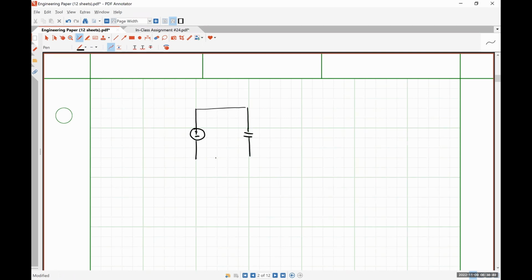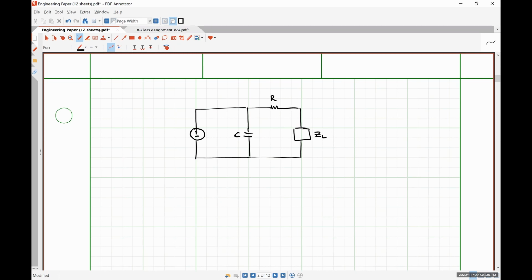We have some capacitor C that we're trying to calculate. That's our power factor correction capacitor. We have some resistance R. And then we have some load that I'm going to designate as an impedance ZL.